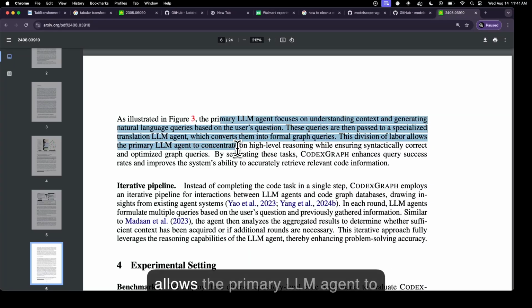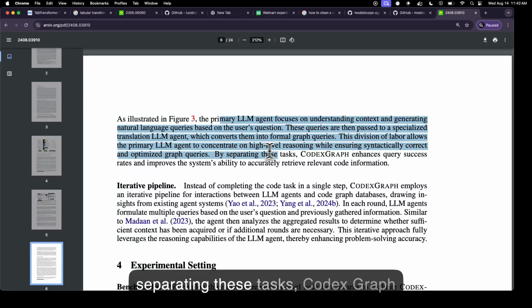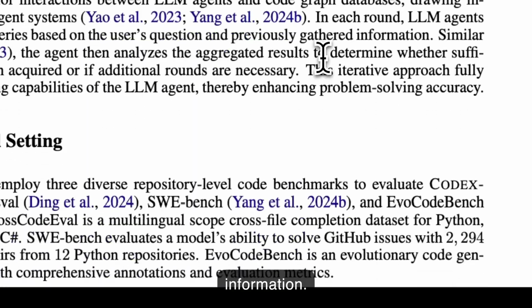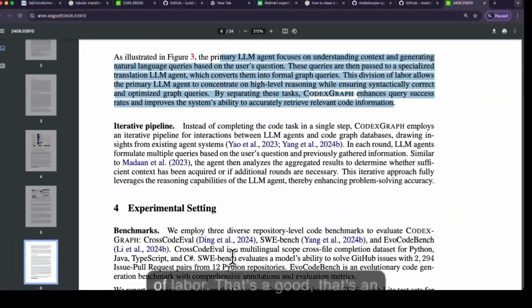This division of labor allows the primary LLM agent to concentrate on high-level reasoning while ensuring syntactically correct and optimized graph queries. By separating these tasks, CodexGraph enhances query success rates and improves the system's ability to accurately retrieve relevant code information. Division of labor.